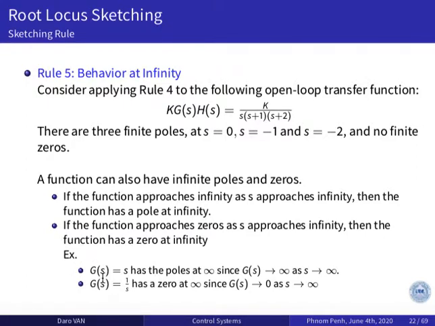For example, if we have G(s) equals s, it has a pole at infinity, because G(s) approaches infinity as s approaches infinity. On the other hand, the function G(s) equals 1 over s has a zero at infinity, since this approaches 0 as s approaches infinity.